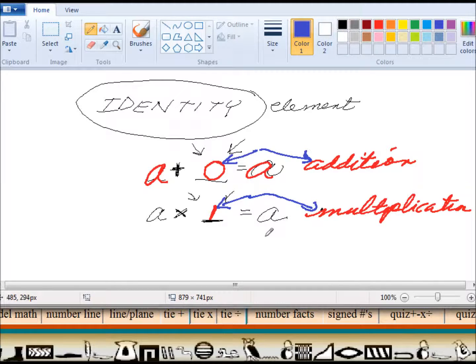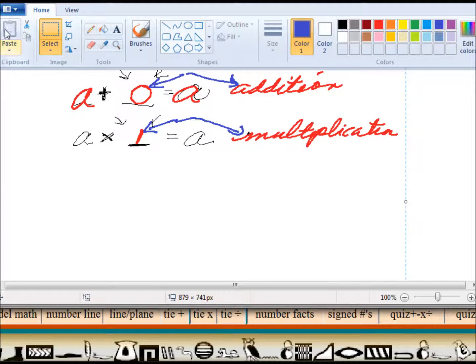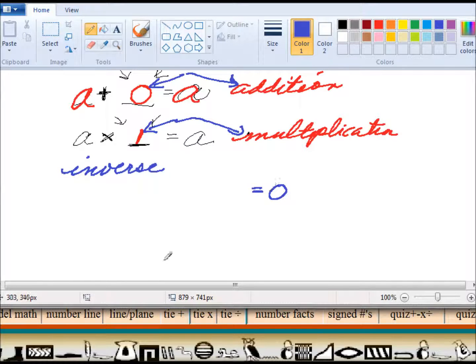Okay, got that? Now, when we have these identity elements, let me see if I can't move this up a little bit, see if that's going to work for me. Yeah. So we have the identity element for multiplication and addition. Now, we have the concept of an inverse, because sometimes it's desirable to get the additive inverse as the answer to a problem.